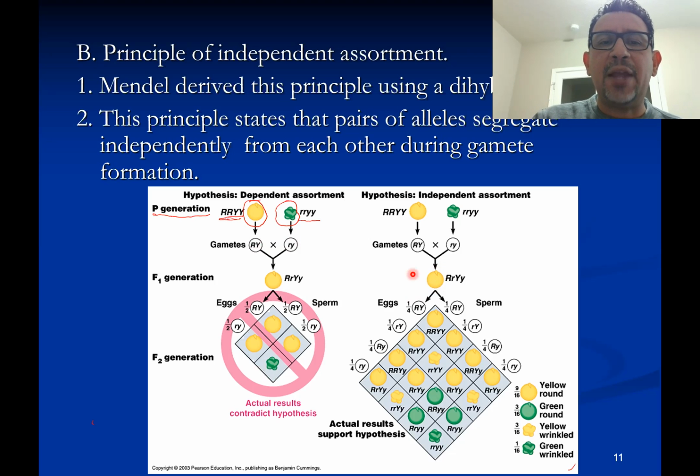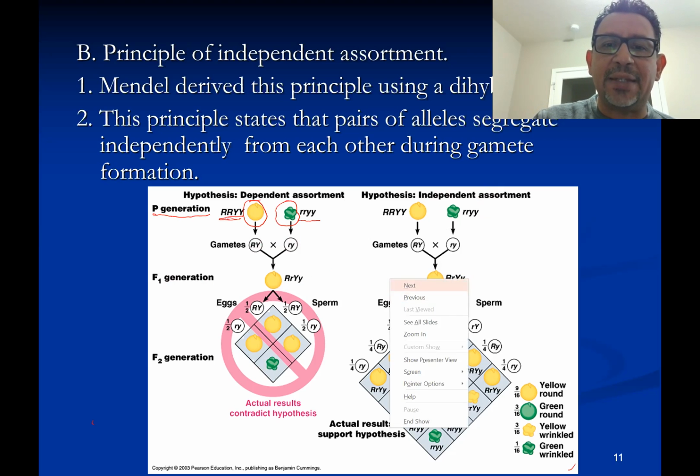For a plant of the F1 generation, now we're looking at the hypothesis of independent assortment. What you can expect to see is that this capital R can go with a capital Y. We have that in this gamete right here. But capital R can also go with lowercase y because the assortment is independent.